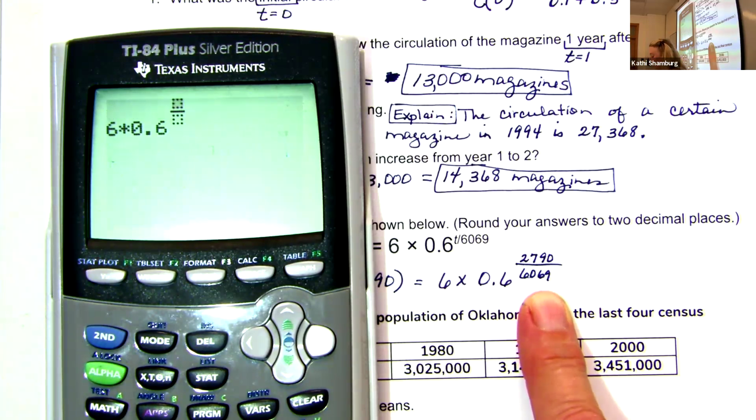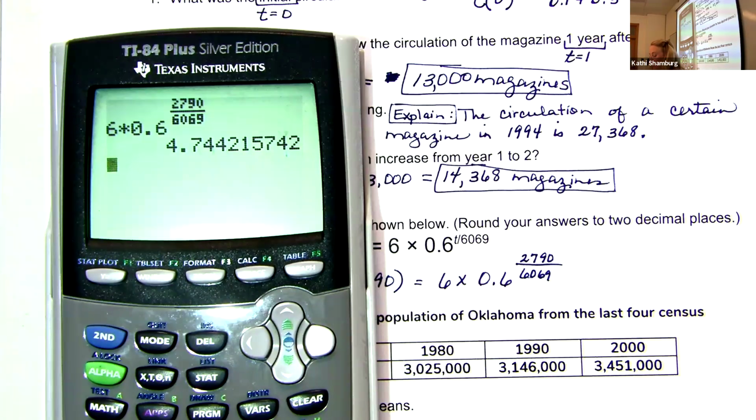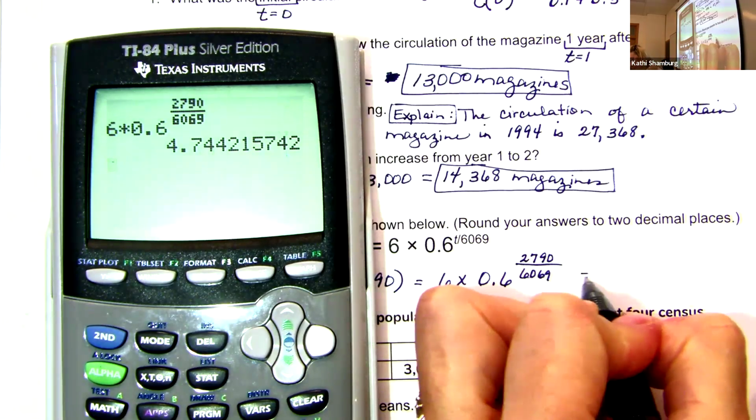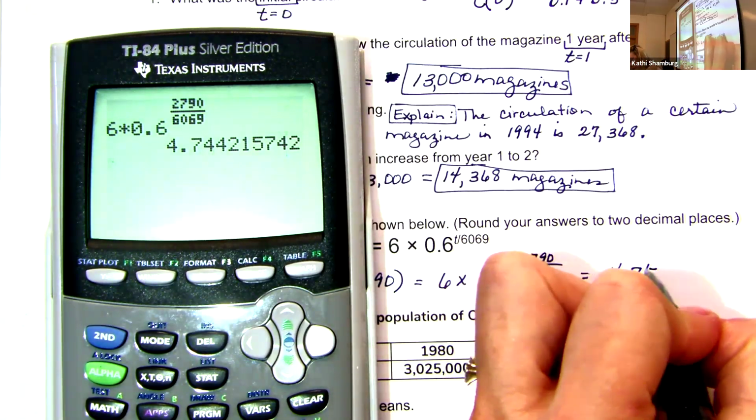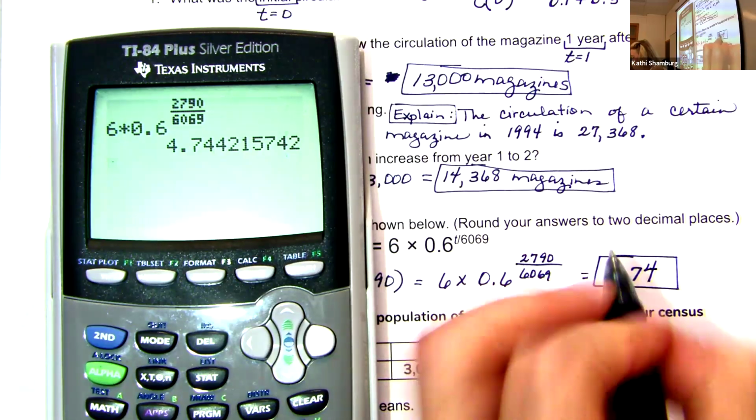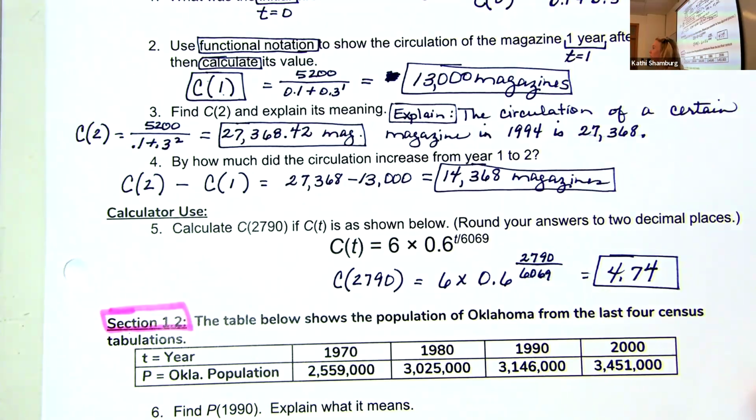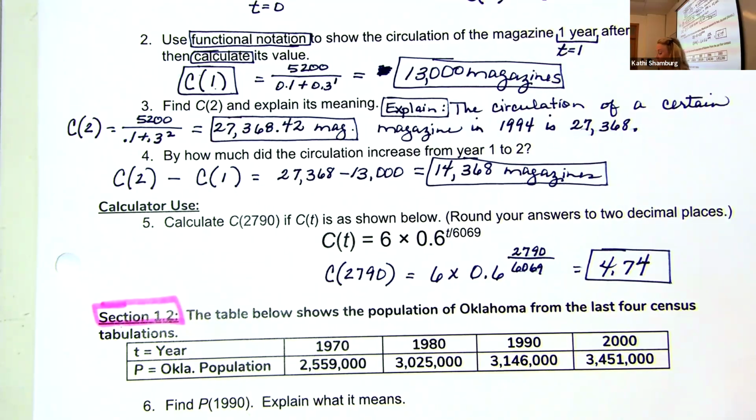It can handle a fraction in the exponent. 2790 over 6069. Did we get the same answer? All right, 2 decimal places, 4.74 or 4.75. And we don't know what this is, so we don't have to label this one. If you need help with your calculator, be sure and ask me after class, but there'll be some calculator questions.